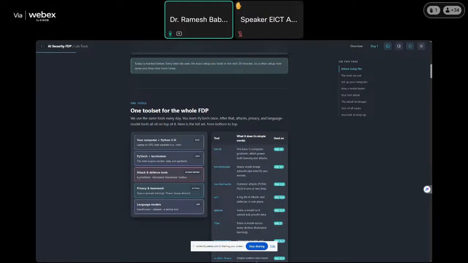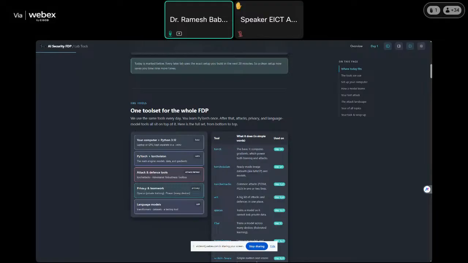Next, we have some custom libraries for implementing different types of attacks, that is the Torchattacks library. It provides pre-implementations of various types of attacks that are already addressed in academia. We will also see how to implement an attack with our own code, and also how you can implement it with the help of this library.